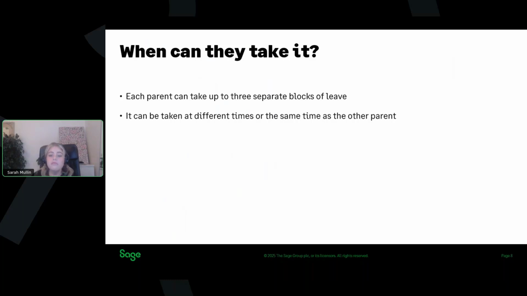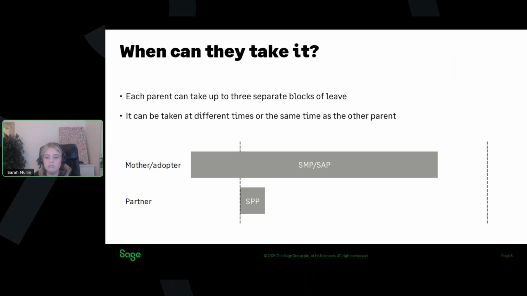Let's run through a few examples to illustrate how this might work in practice. The first example is traditional maternity or adoption leave. Typically the mother or the main adopter would take 39 weeks of paid leave and up to 52 weeks of total leave, often starting before the baby is born or by the due date. This leave is taken continuously, with no breaks in between.